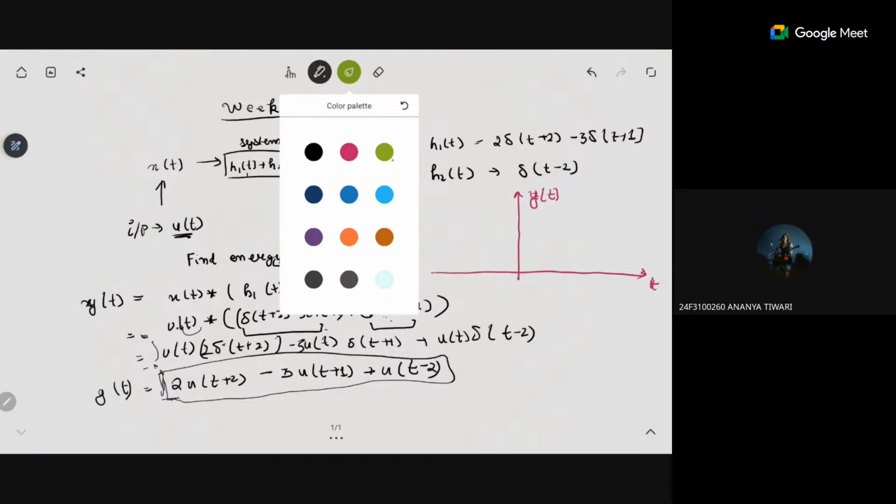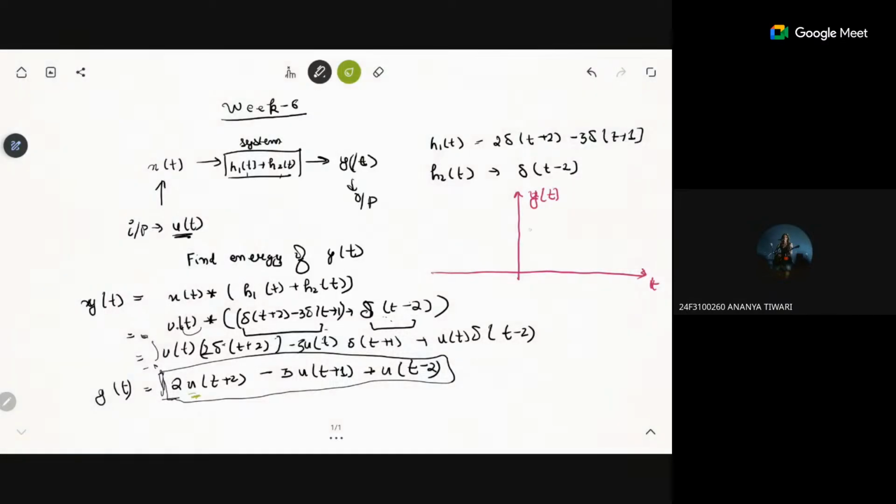So 2u(t plus 2) means the scale is 2 and it starts from minus 2. Then the next break is plus 1, so that means minus 1, and you are going 3 down, so it goes to minus 1.